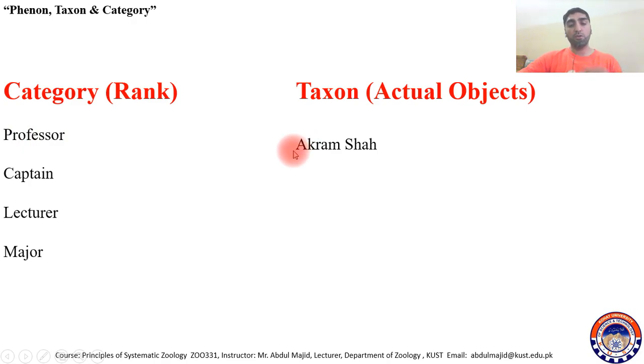Again, if I tell you that my friend Asad Khan is a captain in the army, you know the name of the person, the taxon, and you also know the designation, the rank, of that person.